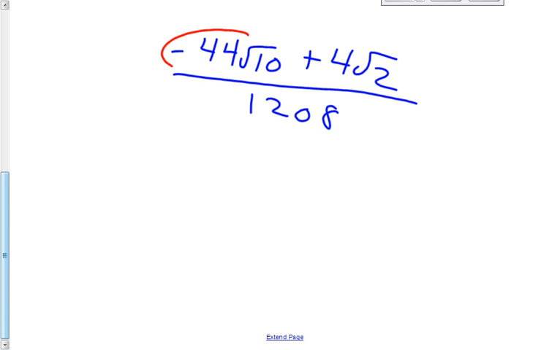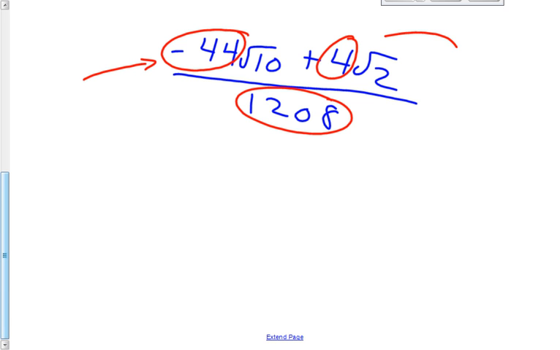But if all three of these terms have a greatest common factor, you take that out. So what goes into this term, and into this term, and into this term? Hopefully you say 4 does. So we're going to divide each of those by 4. A negative 44 divided by 4 is a negative 11 square root 10.